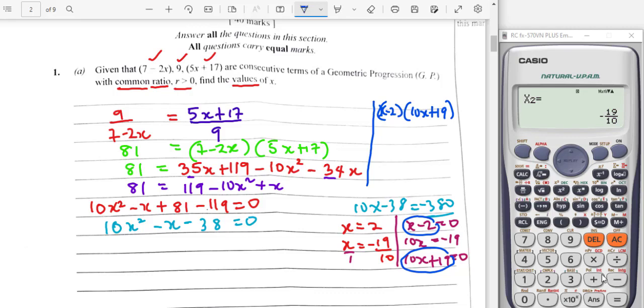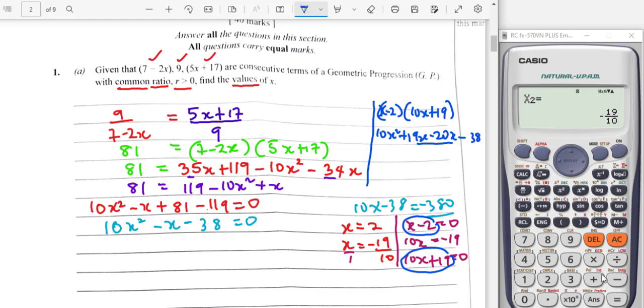So x times 10x, I get 10x squared. So I'm getting all these things back here. Then x times 19, I get positive 19x. Then I have negative 2 times 10, I have negative 20x. Now the moment I do this, I can continue, but that is what I want actually. Negative 2 times 19, what am I going to get? Negative 2, 9, 18, yeah, 38.